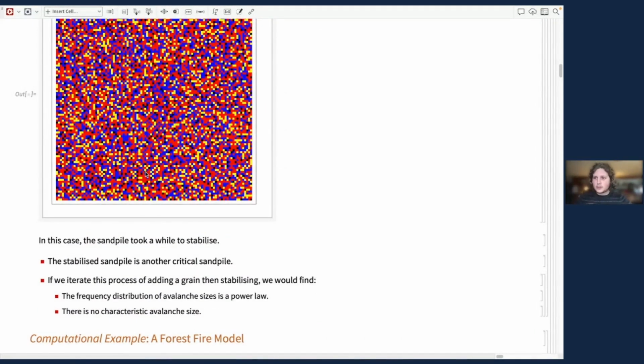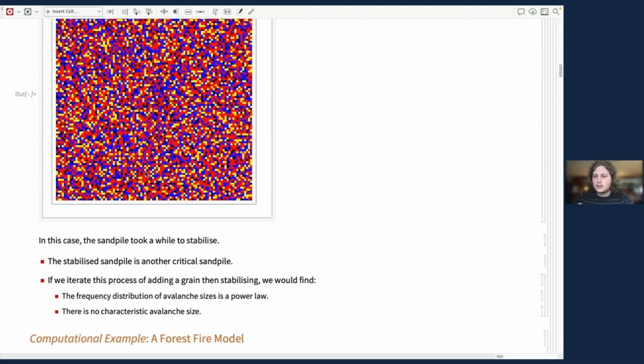And if we iterated this process over and over again, and we kept toppling until we stabilized to a new critical state, adding a random grain somewhere, and then toppling until we reach a critical state, and took the frequency distribution of avalanche sizes, we'd get a power law. And what this tells us is that there's no characteristic avalanche size in this system.